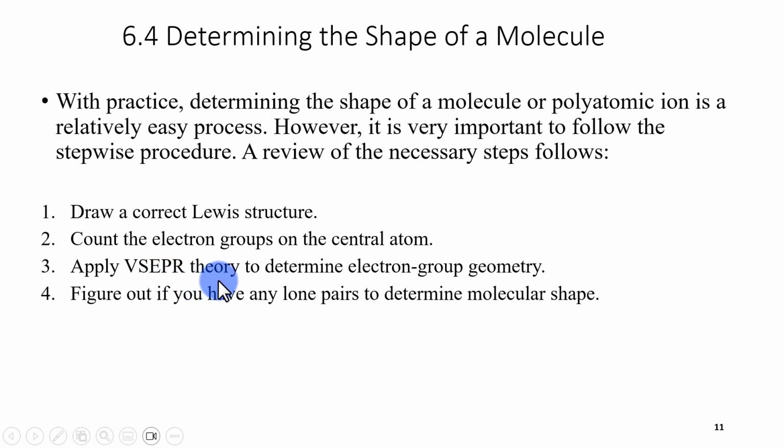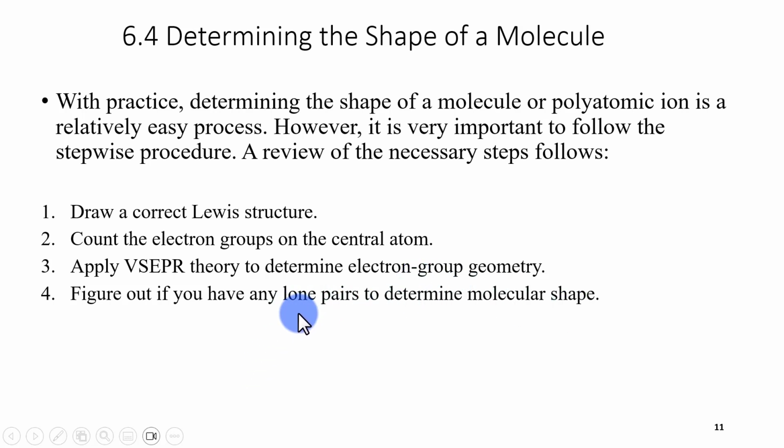And then use that table that was given to you. That's a simplified, condensed VSEPR theory, so that you can determine first the electron group geometry. Once you determine the electron group geometry, then figure out if you have any lone pairs, and that will dictate what the molecular shape is going to be.